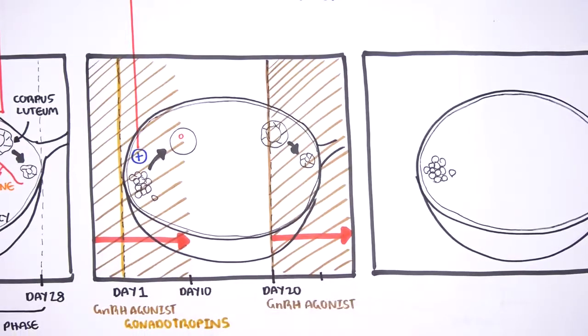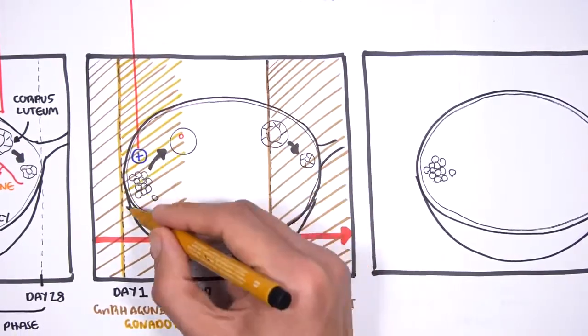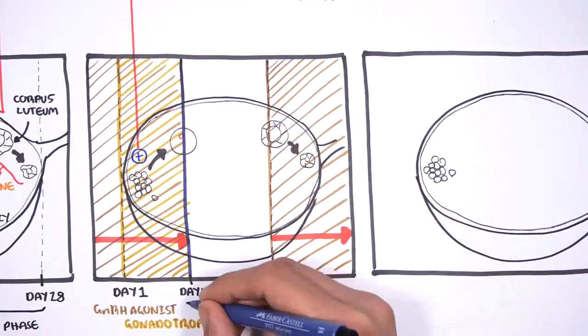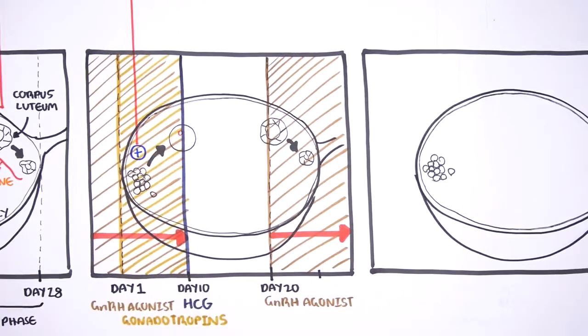Gonadotropins are there to stimulate follicular development. When ultrasound monitoring indicates that the eggs are mature, human chorionic gonadotropin is injected to induce final follicle maturation and development, and subsequently ovulation. This is about day 10 of the menstrual cycle.